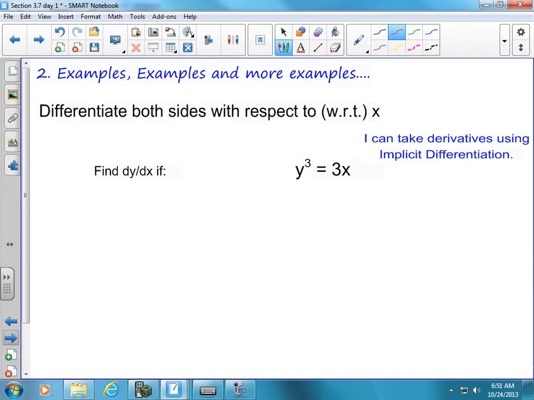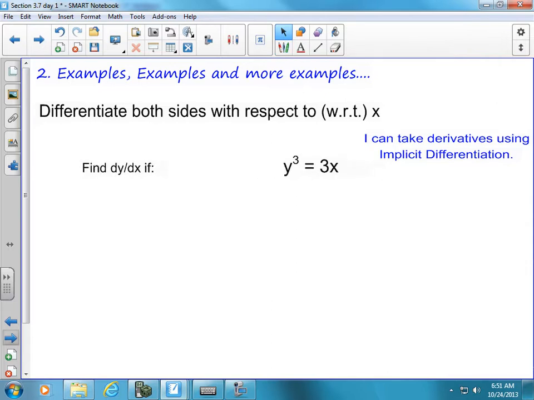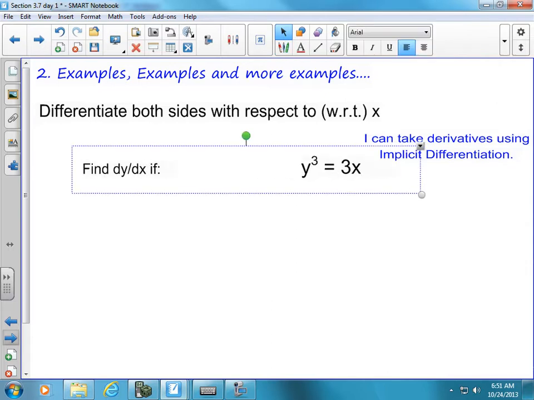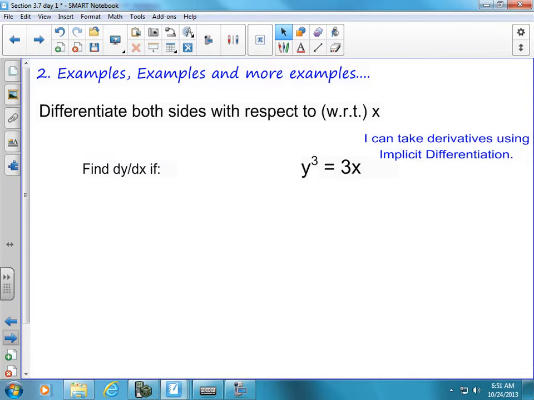All right, lots of examples to show you how. First equation, and this one we probably could isolate and take the derivative without doing implicit, but for example's sake, to keep it easy to start out with, we're going to do this implicitly. So we look at the left side of the equation. We're going to take the derivative of the y. So y is actually our inside function. We have to use the chain rule over here.